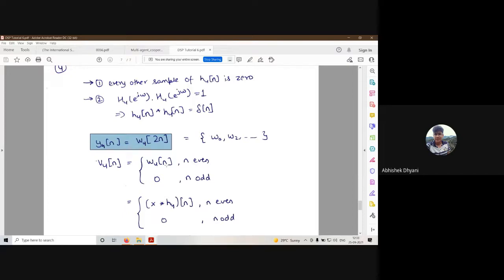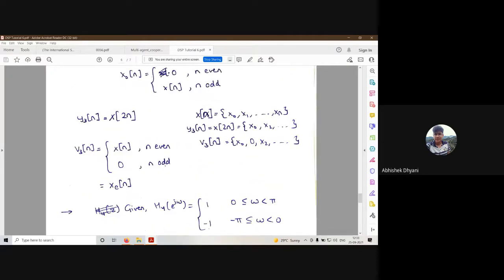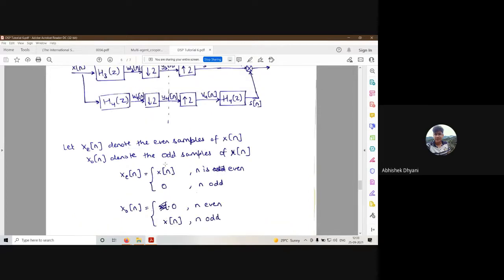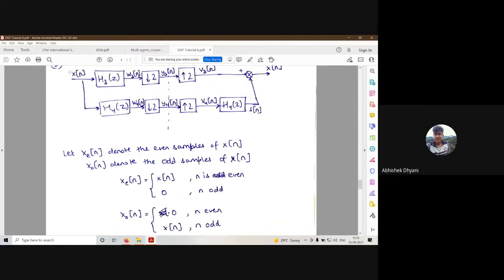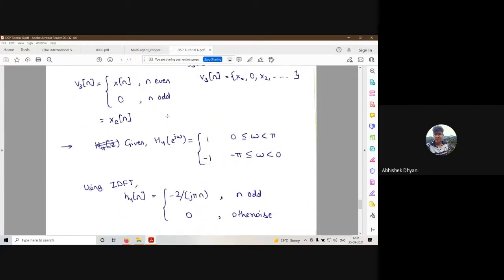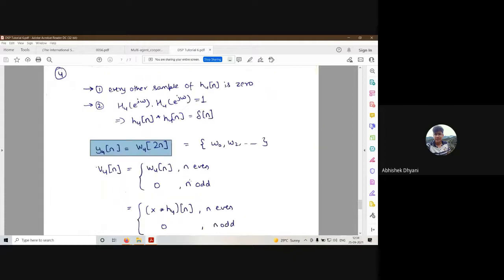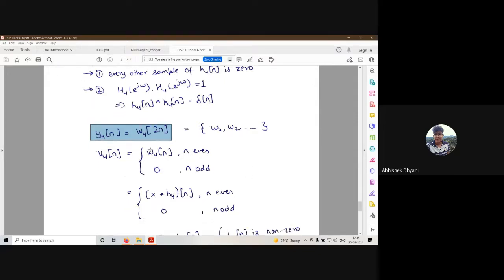Now what is W4n? So W4n is nothing but the convolution of x of n with h4 of n. So here, I have written W4 as the convolution of the input signal and the impulse response of the filter. So I have just replaced this with this here.